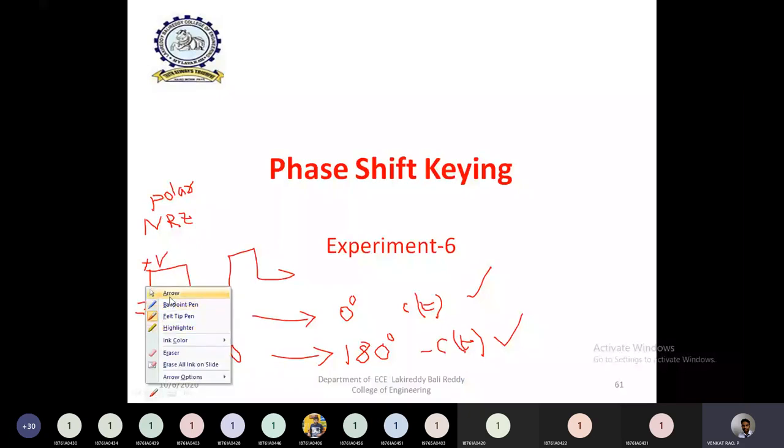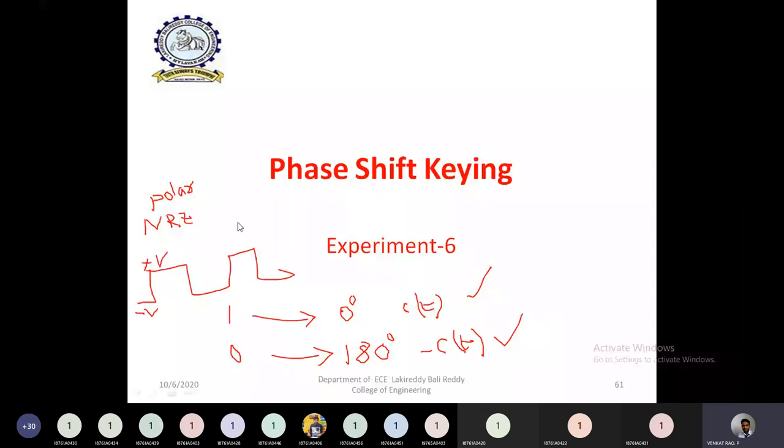We will also demodulate the PSK signal to verify whether we get the same input bit sequence. For example, you may set the input bit sequence as 10110110, and the same sequence must be demodulated at the output.